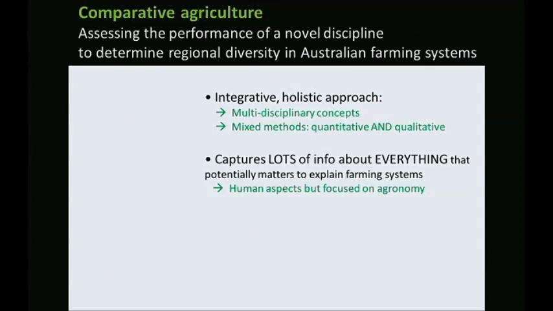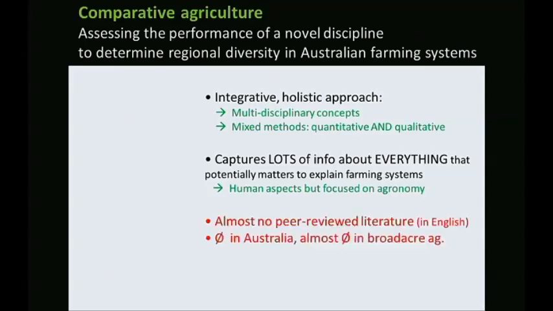It uses multidisciplinary concepts and, as Ken said, mixed methods. It also captures a lot of information about nearly everything that can potentially matter to explain farming systems. So that means human aspects, but it does remain focused on agronomy, so very pragmatic things.